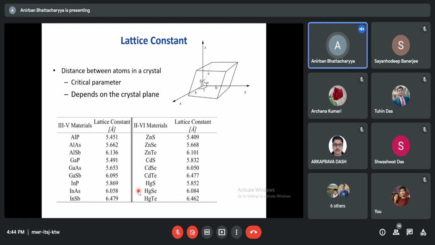If I were to ask you which is the most important semiconductor, what should the answer be? Silicon. Why?